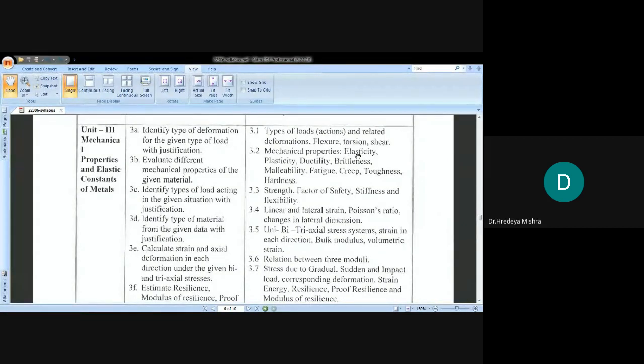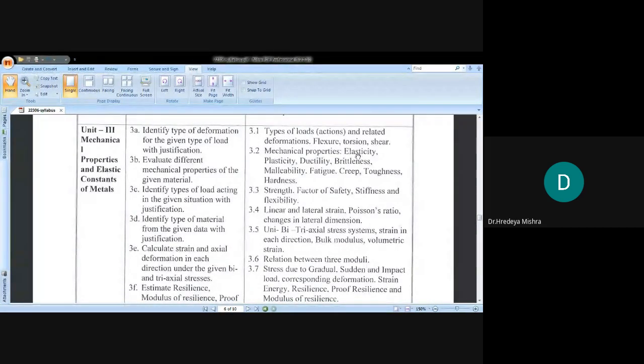It means when we apply a load on any material and we reduce the load, the shape gained by the material does not retain its original position. That is the plasticity. Meaning, if we apply a load on any component and its deformation does not come back to the original position, that is plasticity. It is the opposite of elasticity.